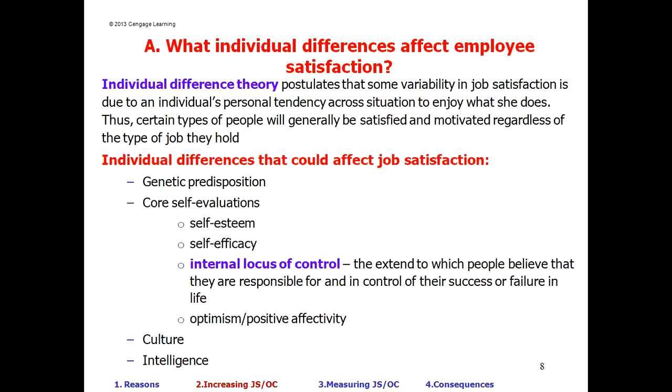An internal locus of control means, for example, that a person working in a particular position as a manager believes that to a particular extent he is in control of things. Also optimism, positive affectivity, culture, and intelligence.